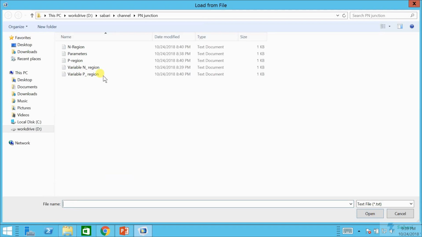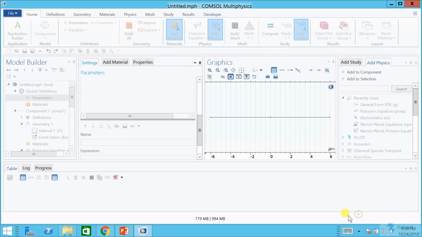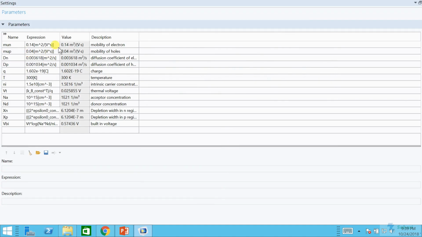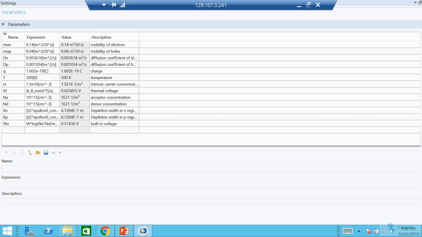I am going to take those parameters into the built-in parameters, and we could see it. This is the mobility of electrons, mobility of holes, diffusion coefficients of electrons and holes, charge, temperature value, intrinsic carrier concentration, and thermal voltage, which is calculated using the Boltzmann constant, temperature, and charge. And here the built-in potential is calculated using the acceptor and donor concentration.